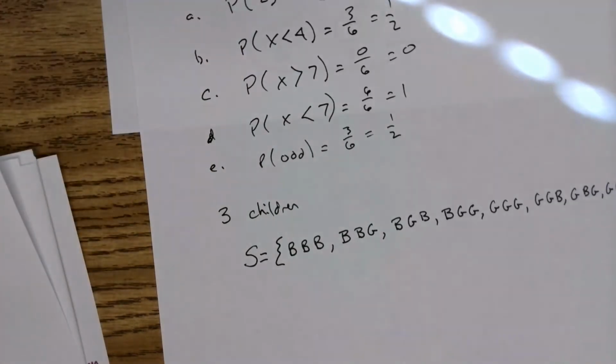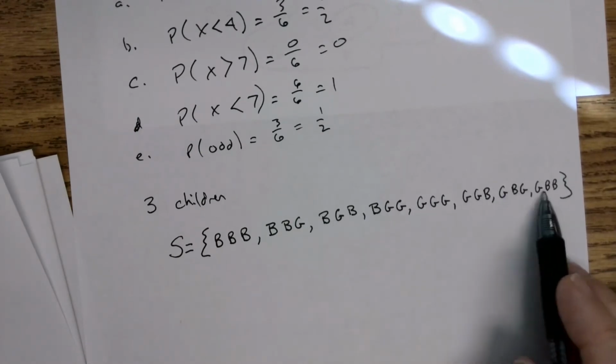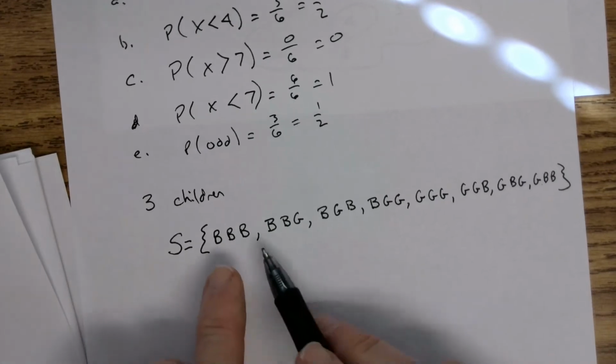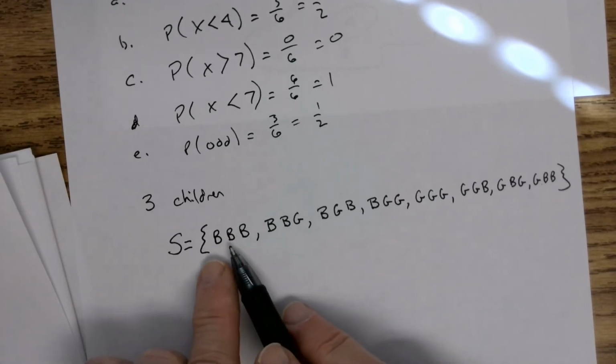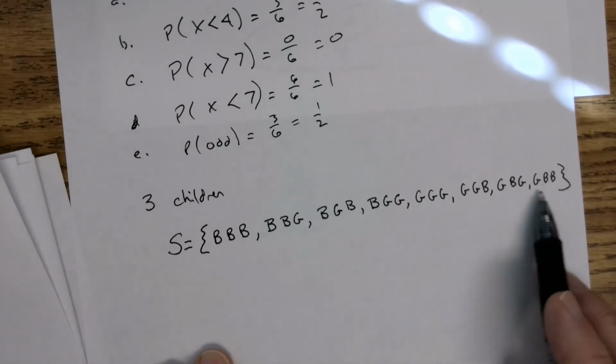Okay, now that's all that could happen. 1, 2, 3, 4, 5, 6, 7, 8 things could happen. And we're gonna pretend that it's a 50-50 shot for having a boy or a girl, and so those are the things that could happen.